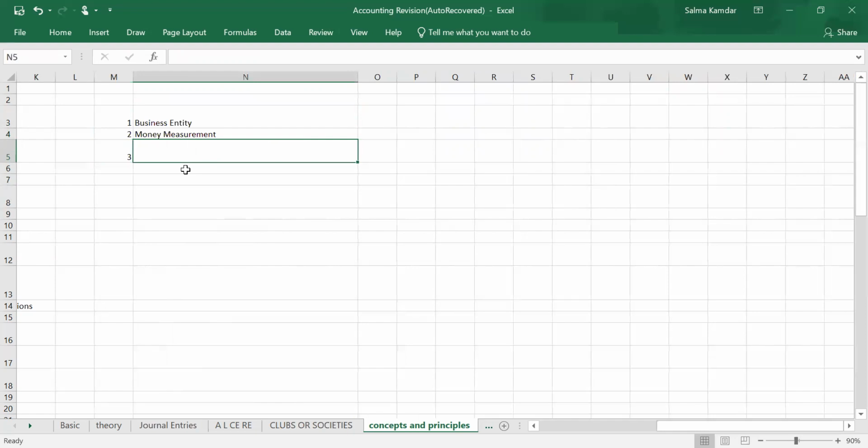Next. Third would be realization. This is when you should only record something when it actually happens. Prudence. What does the prudence concept tell you?